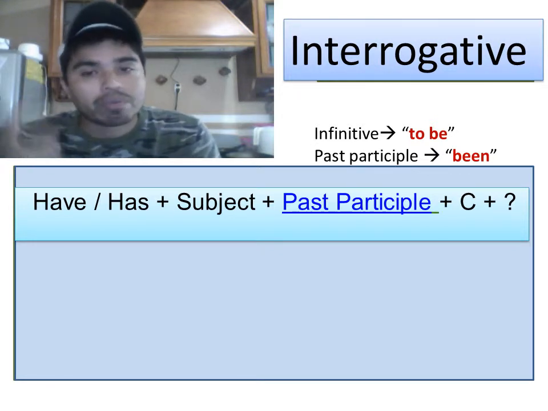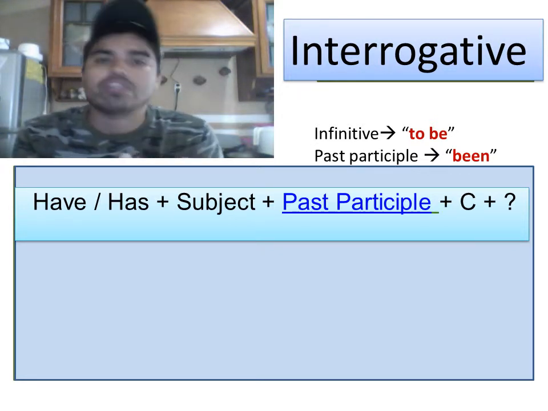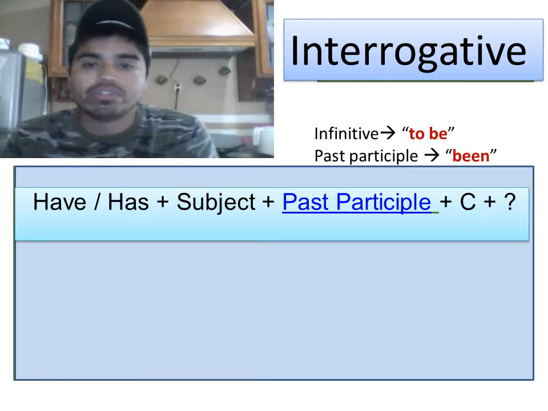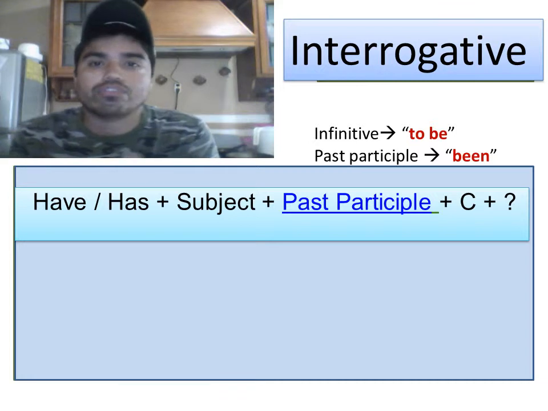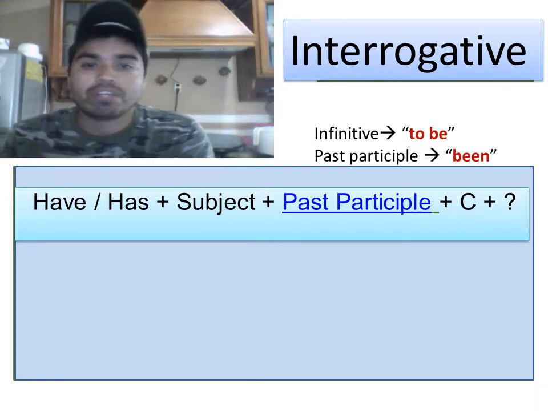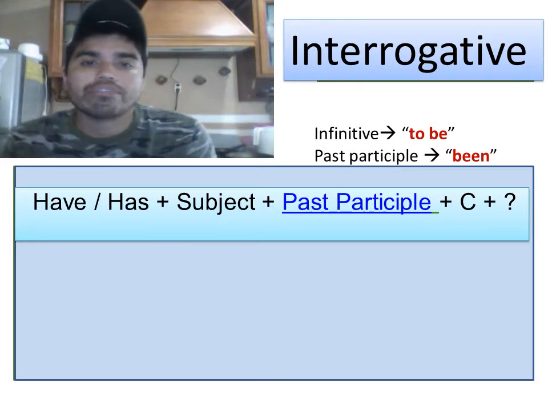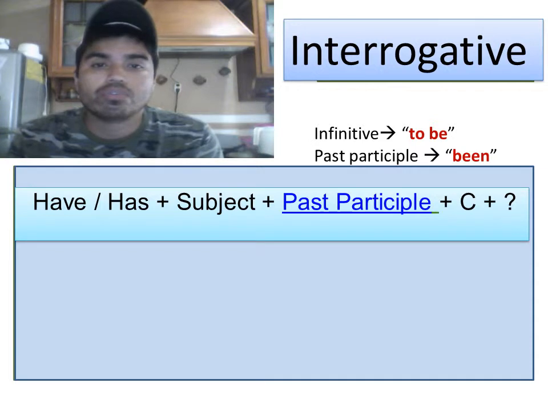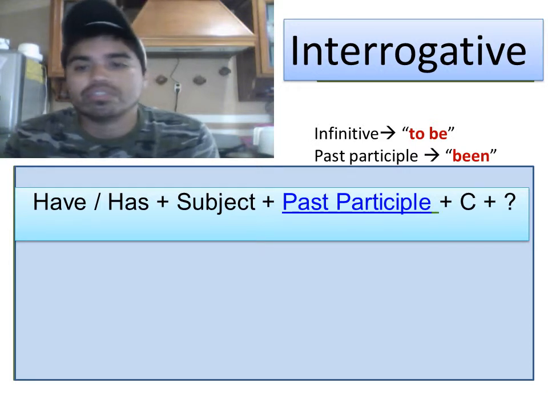All depends on the subject, the person that you're using. If you use he, you have to use the auxiliary has. If you use she, it still has. It has. But if you use I, we use have. You use have. And if you use we or they, you're still using have.